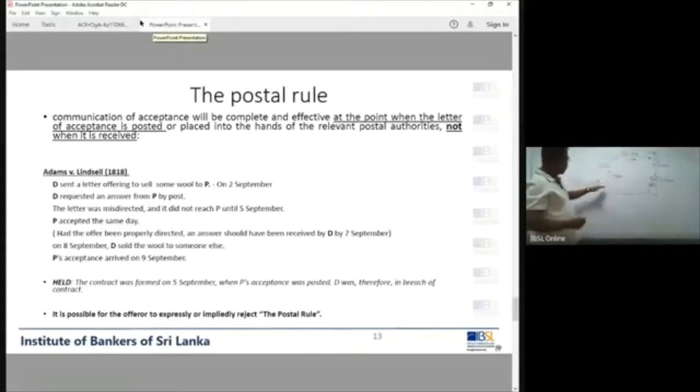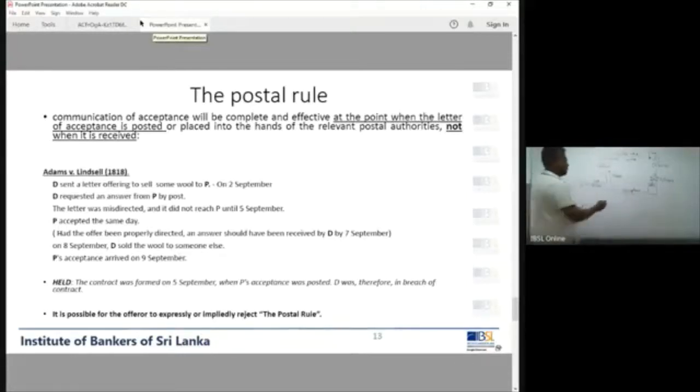So on the 8th of September, he sold the wool to somebody else. So then after selling the wool, on the 9th of September, this letter of acceptance came to him.